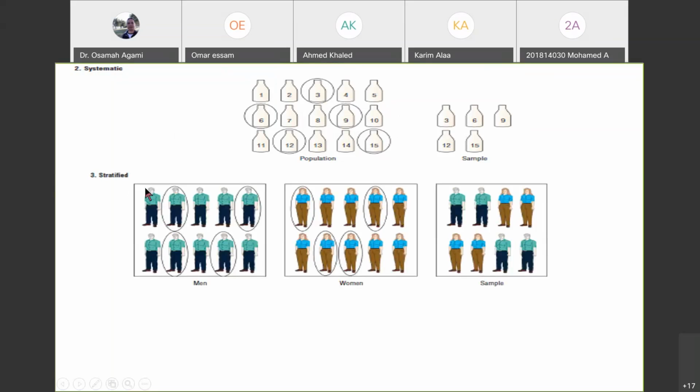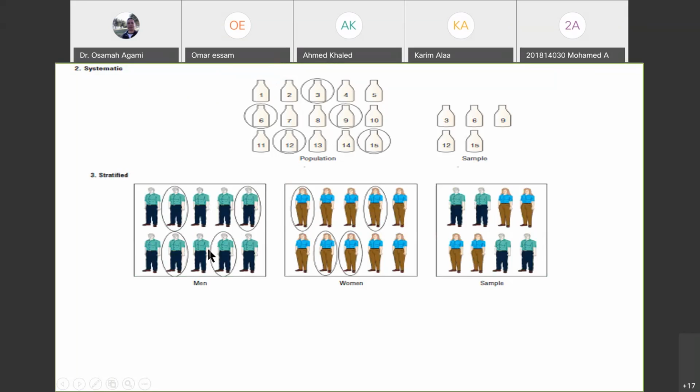This is stratified. As I said, strata means subgroups. So you are lucky because women and men are equal, right? So if I'm looking for a sample of 8, I will take 4 from the female and 4 from the male. How can I take them? It doesn't matter. If I start from here and jump 2 and take the third, I'll take this one, and then this one.